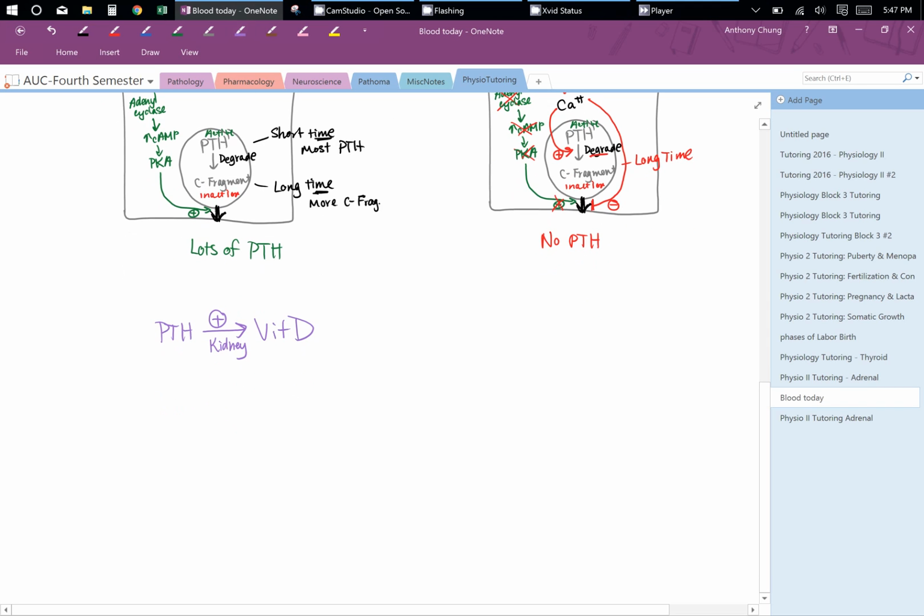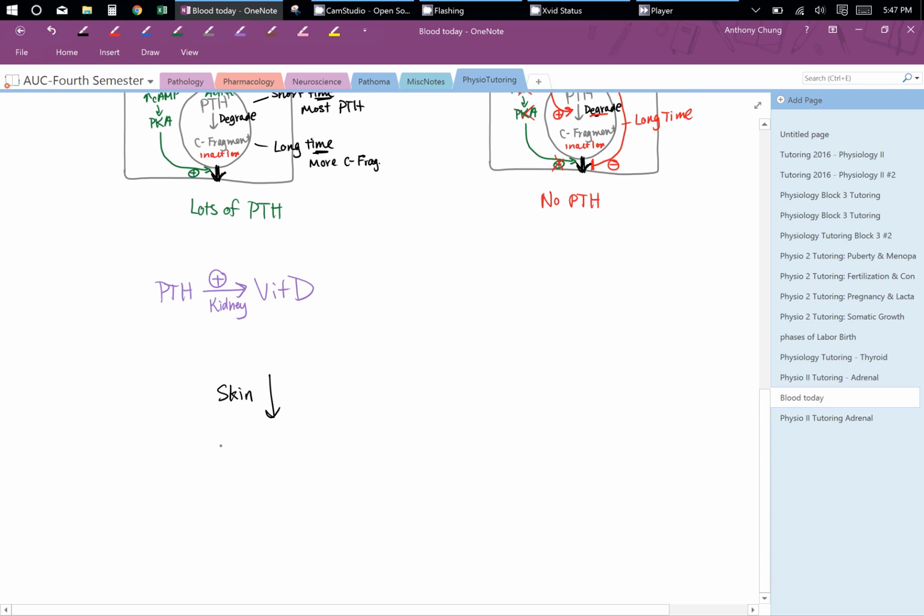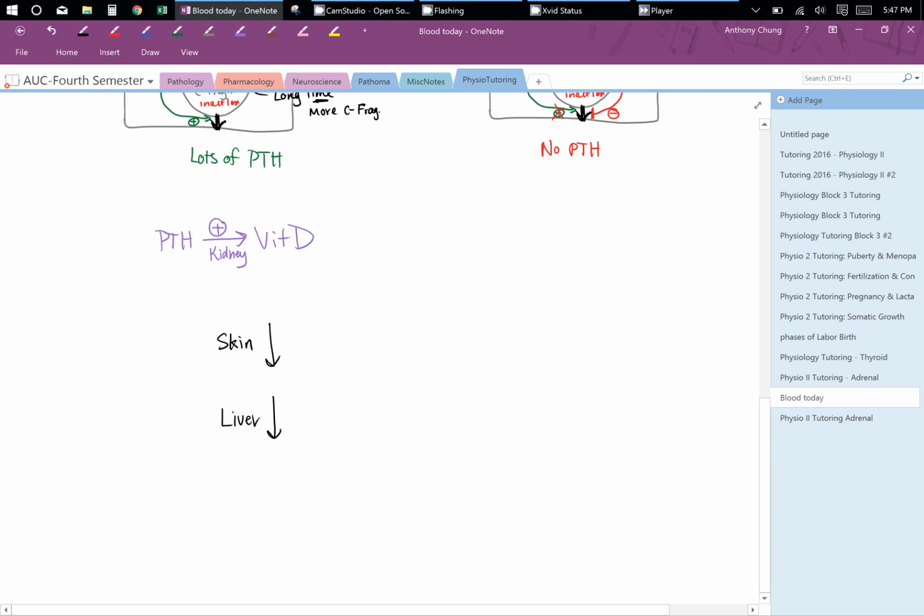And the vitamin D synthesis has several steps. So there's one step in the skin, and then another step in the liver. And then finally, this last step is gonna happen in the kidney.